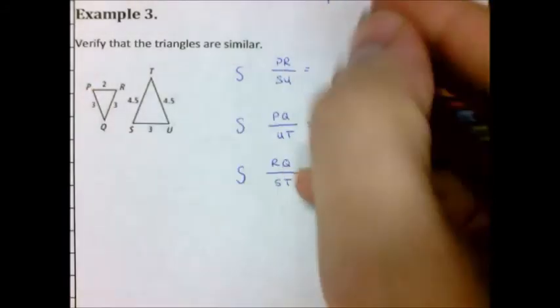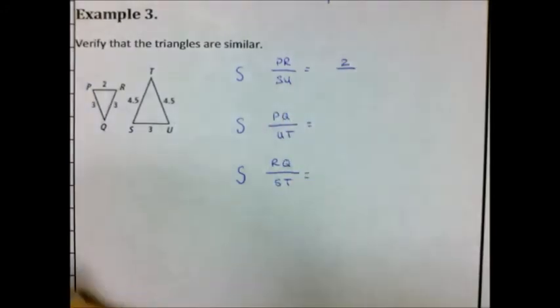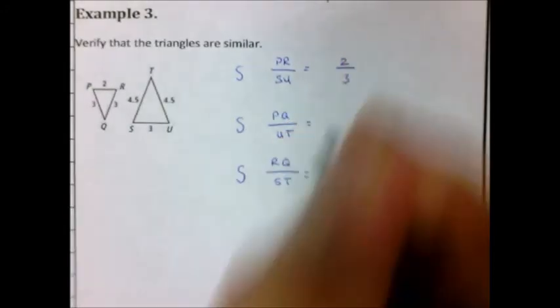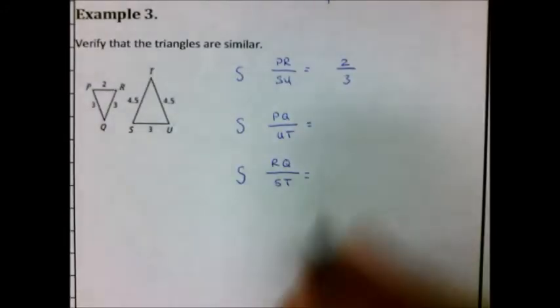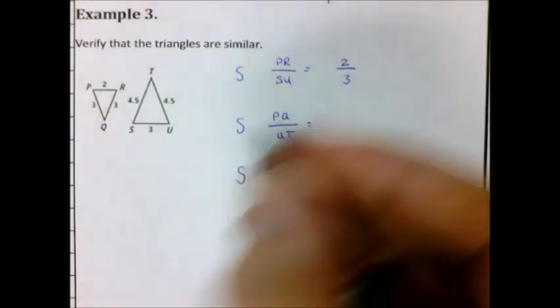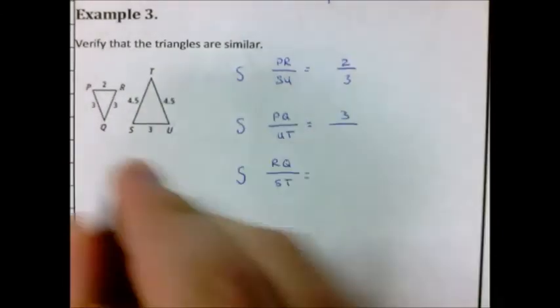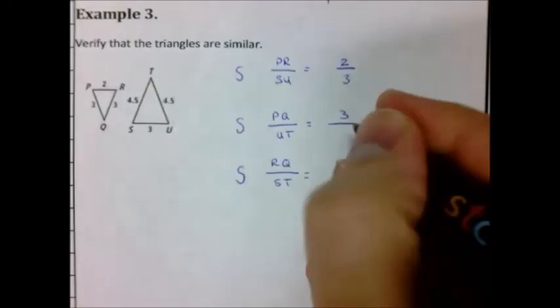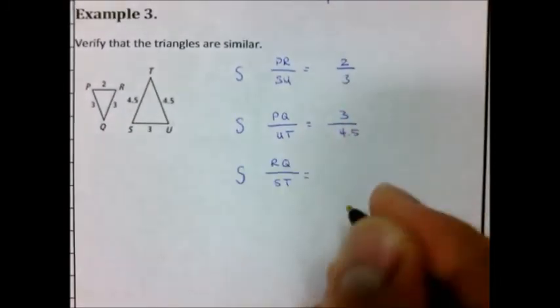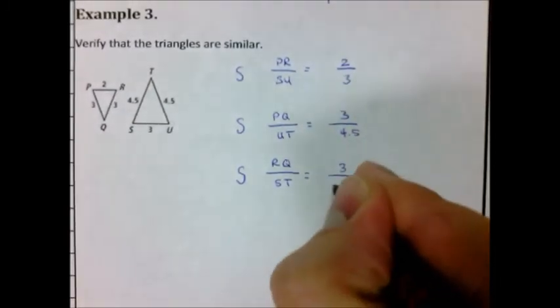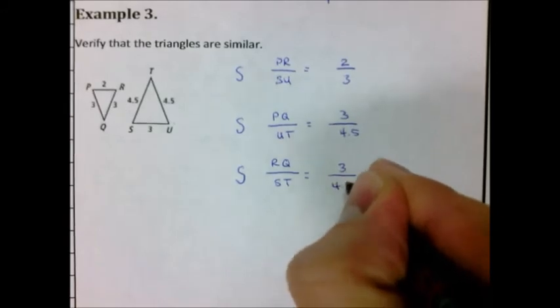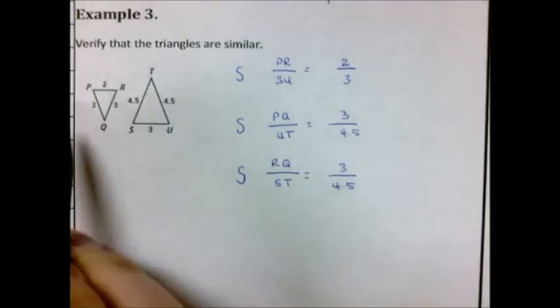So PR is 2. And SU is 3, so our ratio is 2 to 3. Okay, PQ is 3, and UT is 4.5, and we see that RQ over ST is the exact same. This is an isosceles triangle. We can see that because these sides are the same.